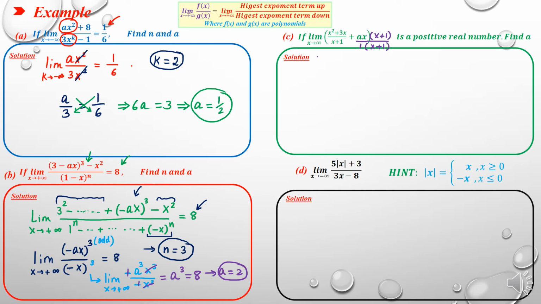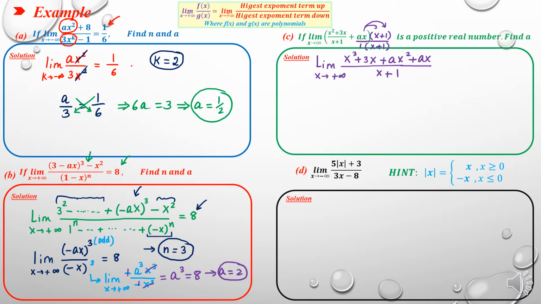So the limit will be the limit of x cubed plus 3x. Then you have to multiply ax by the terms inside the parentheses, and you'll get ax squared plus ax, divided by the common denominator x plus 1, when x goes to positive infinity.